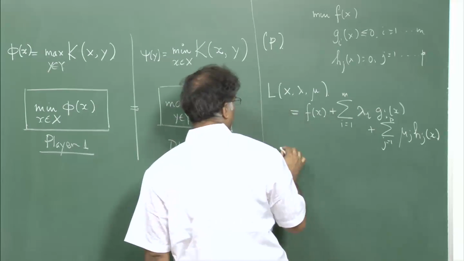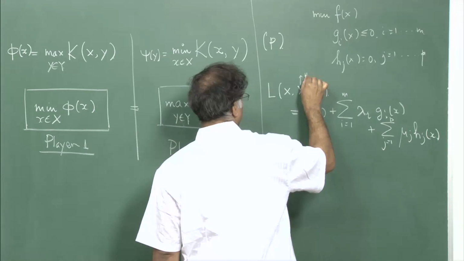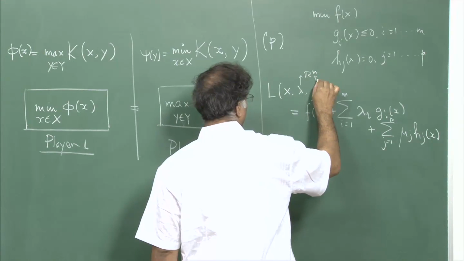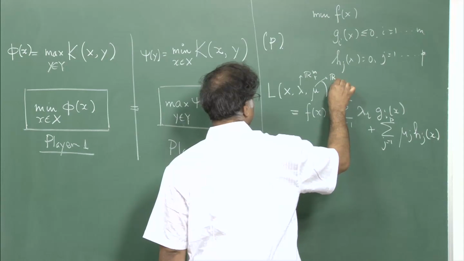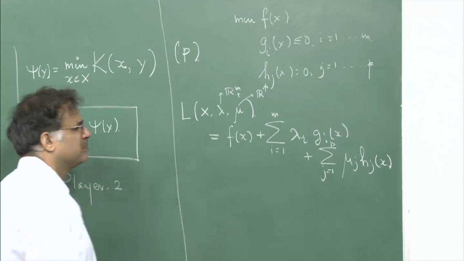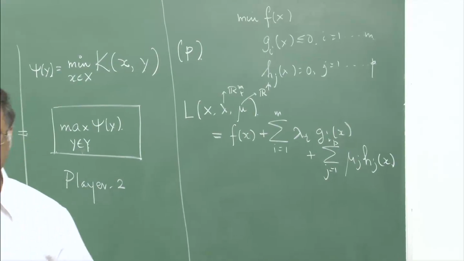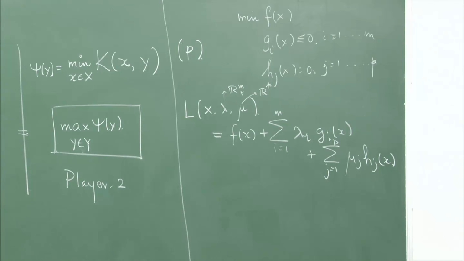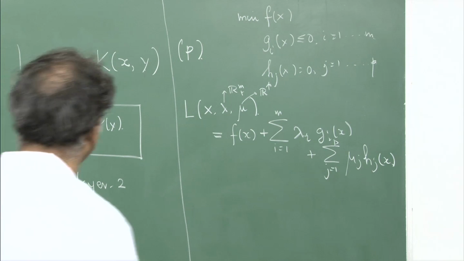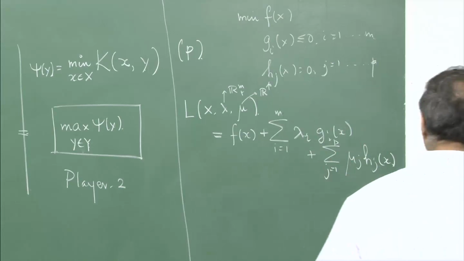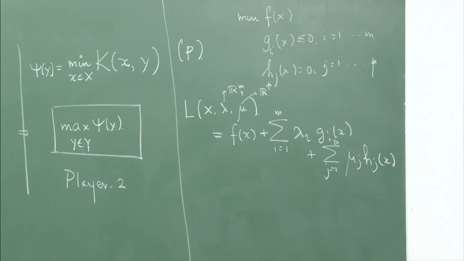In this case, lambda is in R^m_+ and mu is in R^p, x of course is in R^n. Now, this is the standard Lagrangian function which we already know.